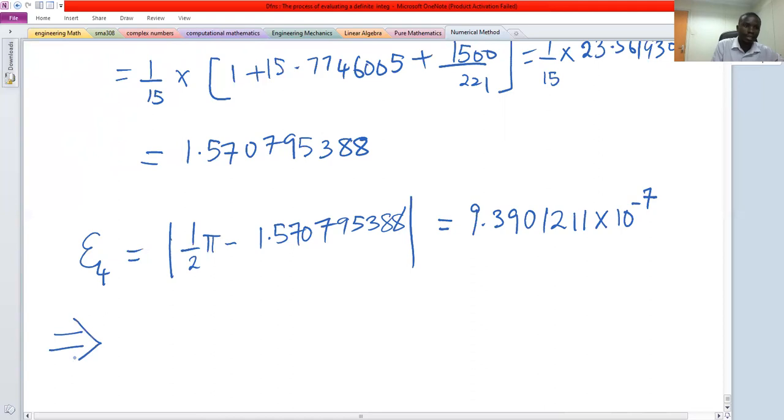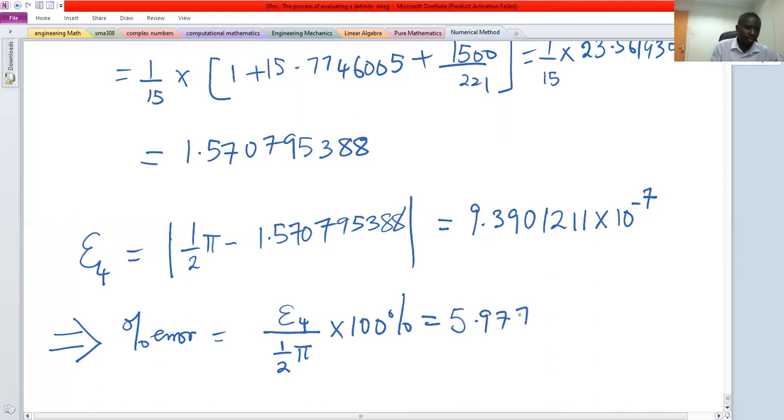Which implies that the percentage error in this computation is the same error we have gotten divided by the true value times 100%, which is 5.977936757 times 10 raised to the power minus 5%. So this is still less than the error for the same number of steps we saw in the case of trapezoidal rule.